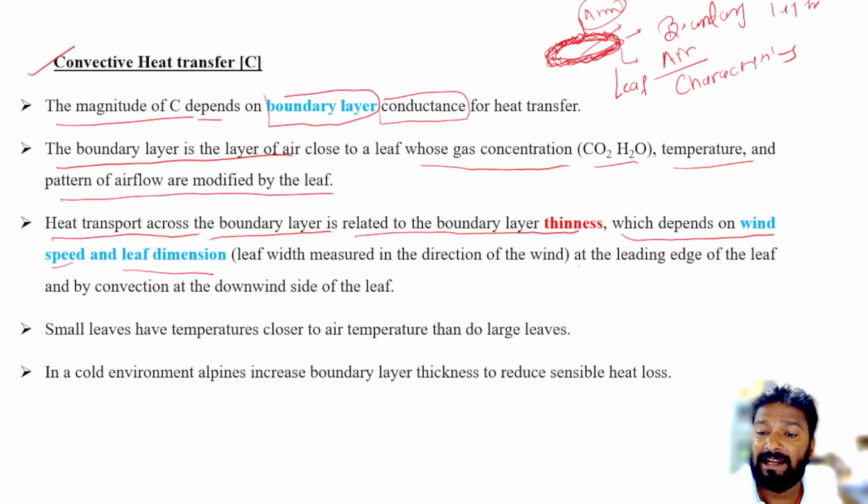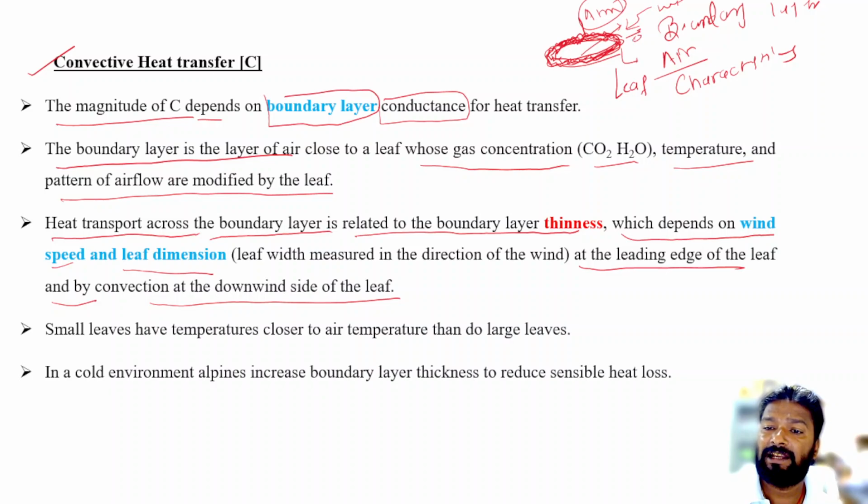Okay, at the leading edge of the leaf and by convection at the downwind side of the leaf, means direction of the leaf to the wind and the thickness of the leaf. Generally, small leaves have temperature close to air temperature. So generally, if there are small leaves, then there will be a thinner boundary layer. Then the temperature of air and canopy is almost close as compared to large leaves.